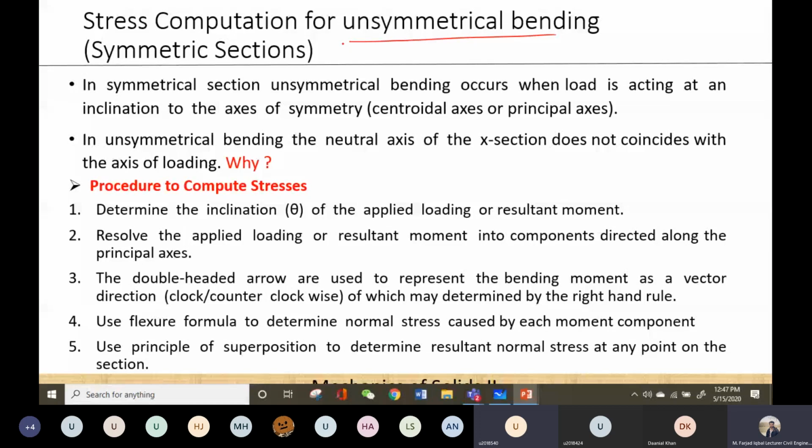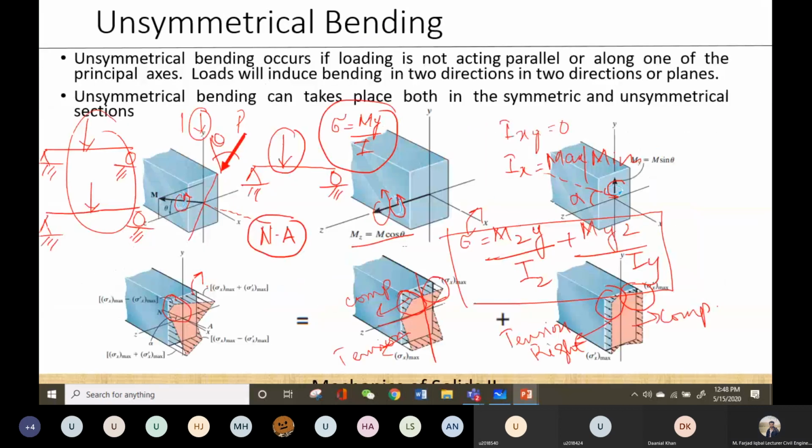So the statement is that in case of unsymmetrical bending, the neutral axis of the cross section does not coincide with the axis of loading. In the case when the load was acting in one direction, it is producing bending around this one axis only. So this axis is my neutral axis, and it coincides with the plane of loading.